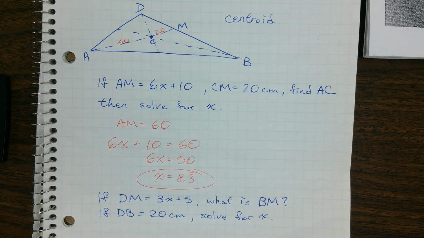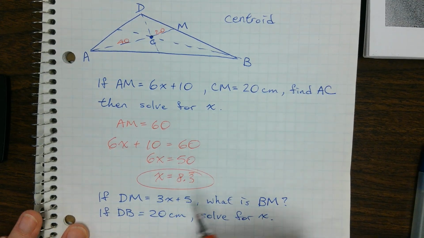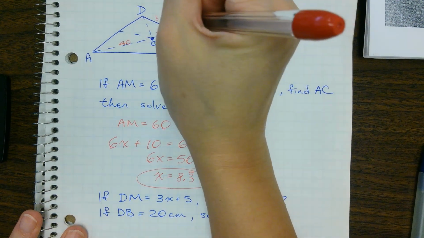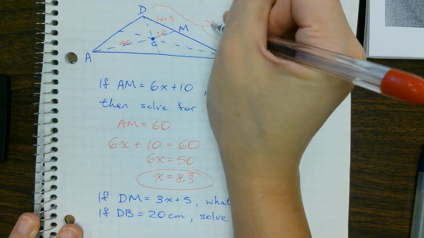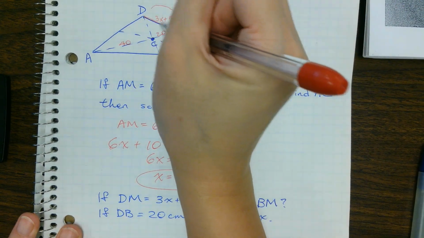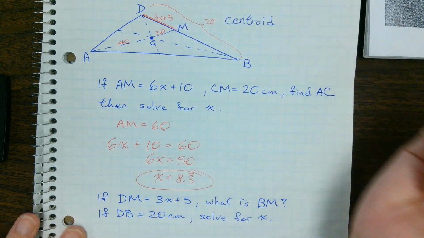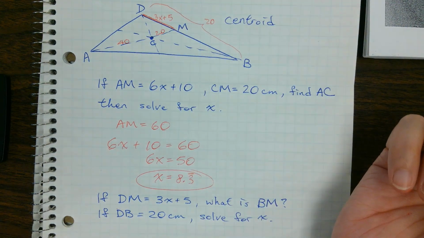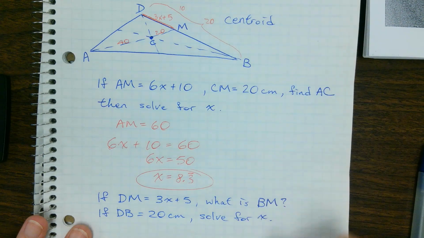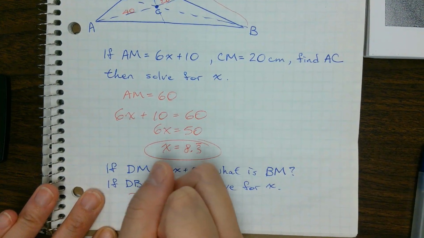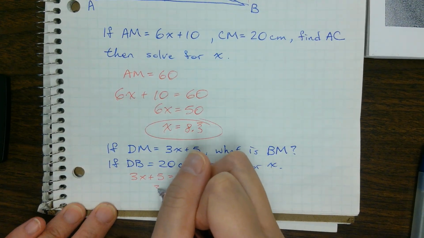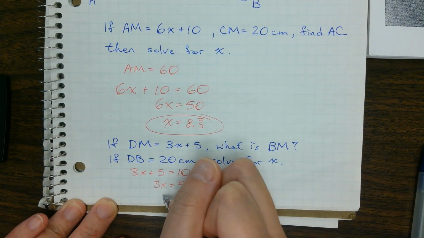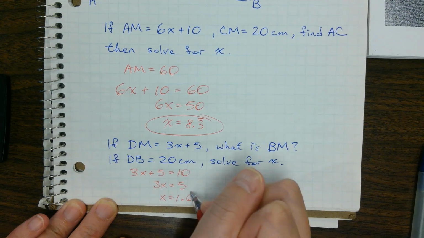Good. You got it. So if DM here is 3x plus 5, and you know that the whole length is 20, how long is just DM then? 10. So then 3x plus 5 equals 10. Move that over to the other side. So 3x equals 5. And so x equals 1.6.